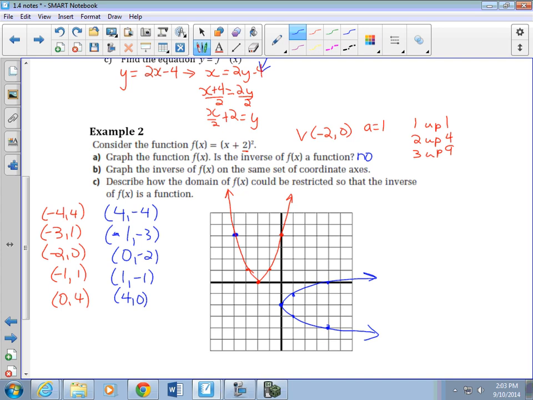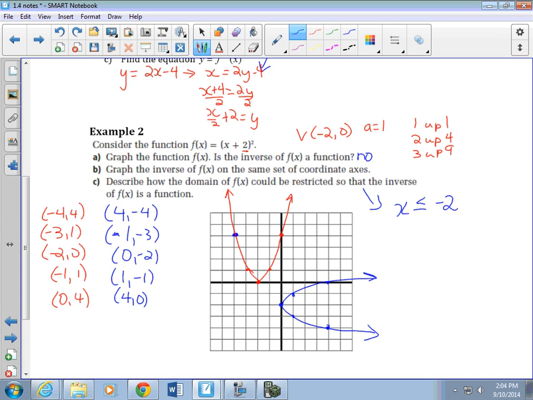So it says, describe how the domain of f(x) could be restricted so that the inverse of f(x) is a function. So what could we do so that this inverse works out to be a function? So basically, our domain restriction needs to be that our x values have to be either greater than or equal to negative 2, because once I hit negative 2, that's where my repeats are starting, right?